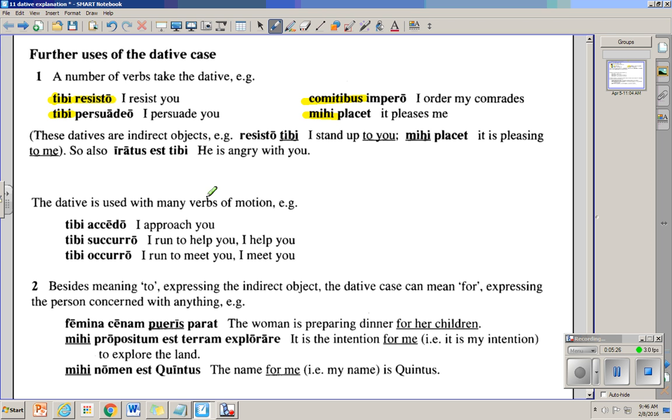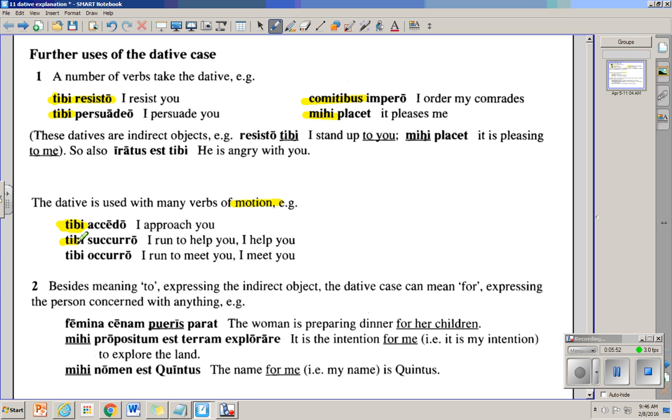Same is true with verbs that have motion inside of them, like I approach to you, dative. And these tibi, you'll remember I asked you to write this in the book, so you should know tibi is dative. Te is accusative, I love you. Tibi, I'm giving flowers to you. But anyway, verbs of motion, instead of maybe the expected accusative, I approach you, you get I approach to you.